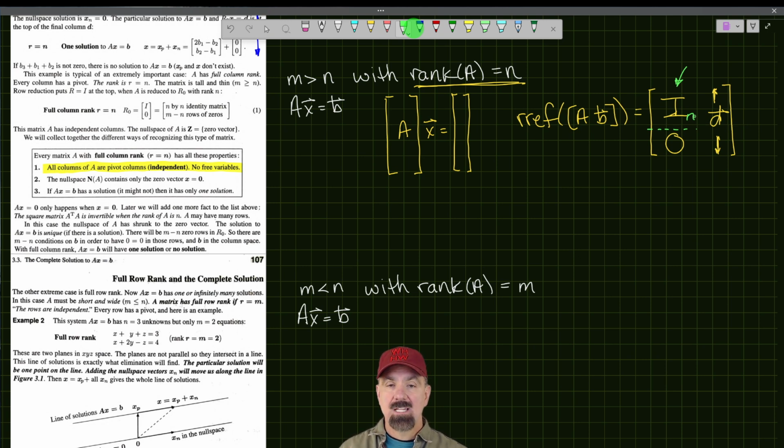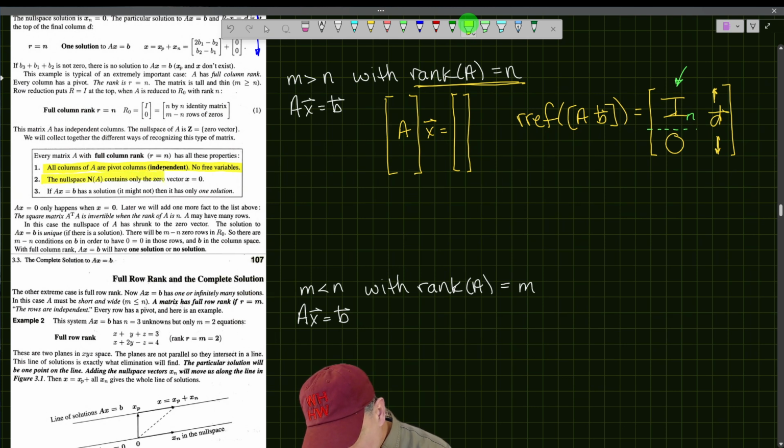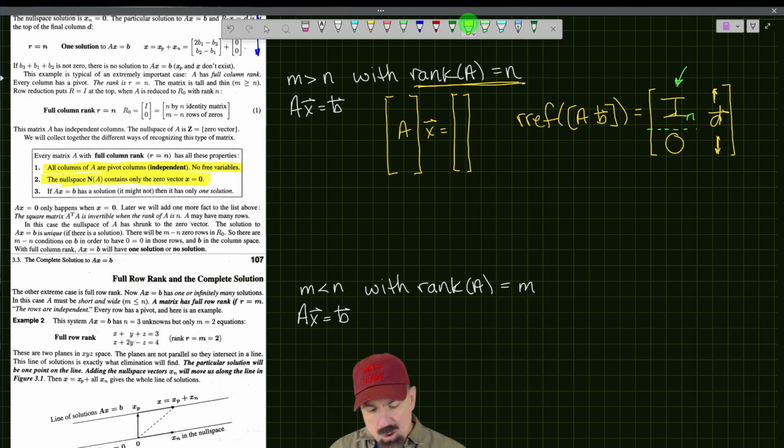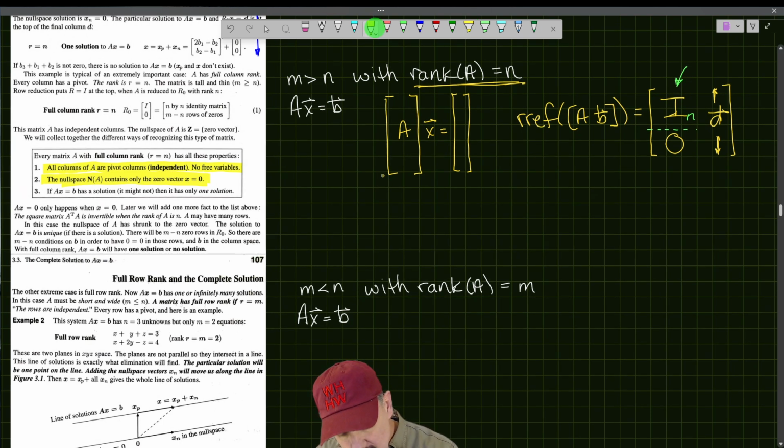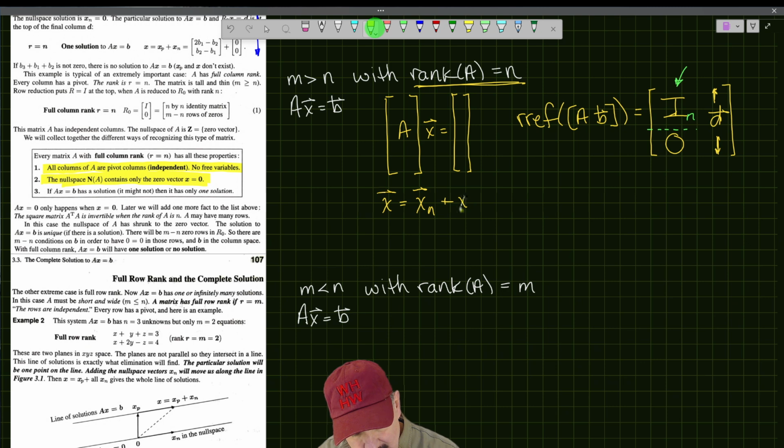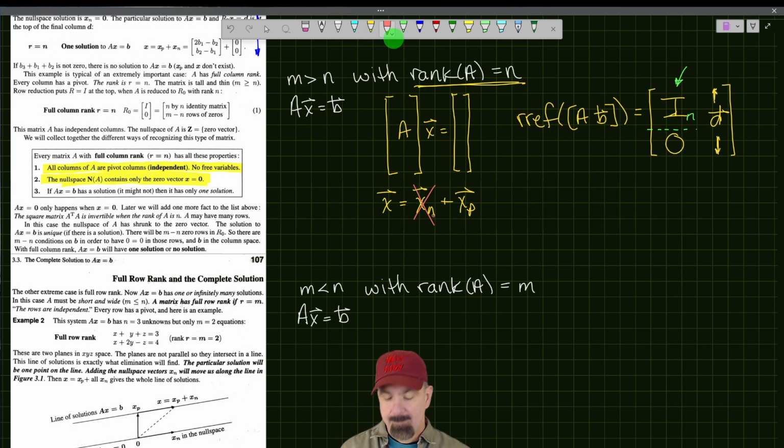The columns of A are linearly independent. So what that means is the null space is trivial. We only have x equals 0. So when we go to build our solution, x is equal to the null space plus a particular solution, there is no null space vector because we have no null space.